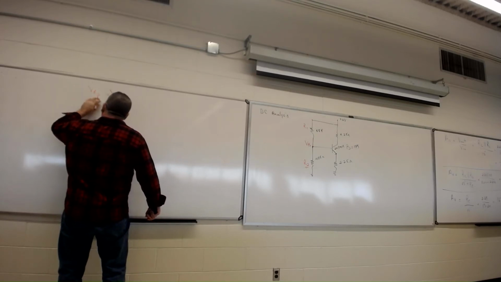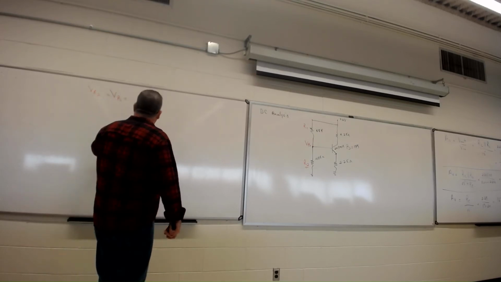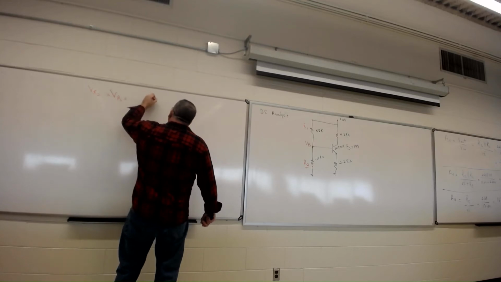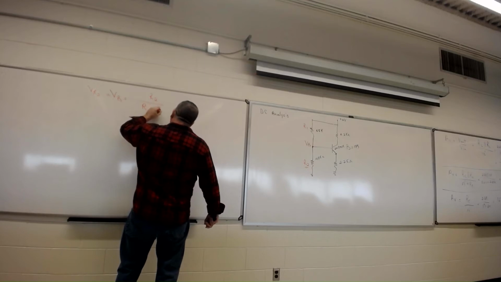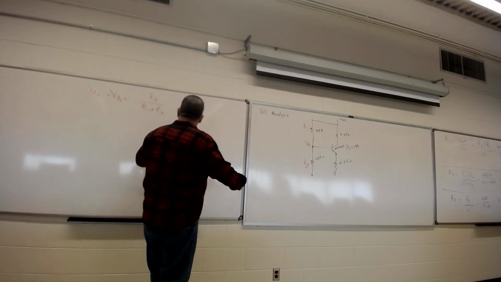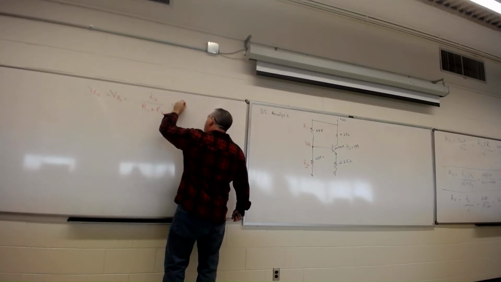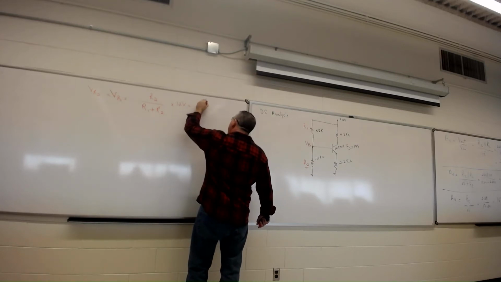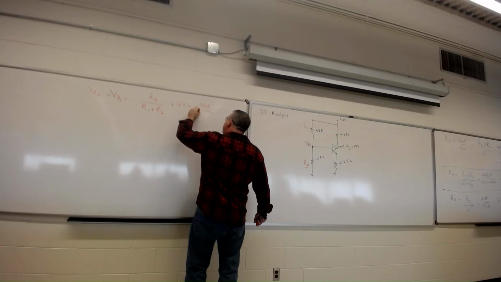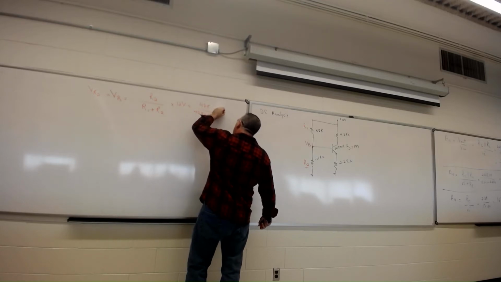Since we have a voltage divider, the voltage divider law says you put R2 over the sum of R1 plus R2, times the 12 volts. So this is 47K over 47K plus 68K, times 12.